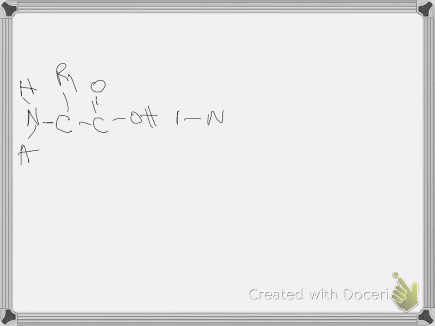If I have amino acid 1, and it's sitting here with its amino group here, and its carboxyl group here, and we'll just call it R1. And I want to combine it with a second amino acid.